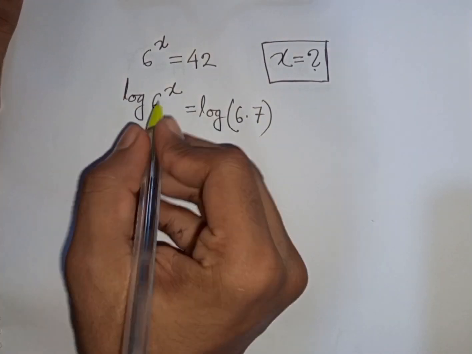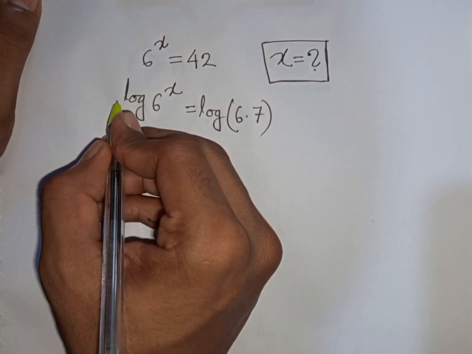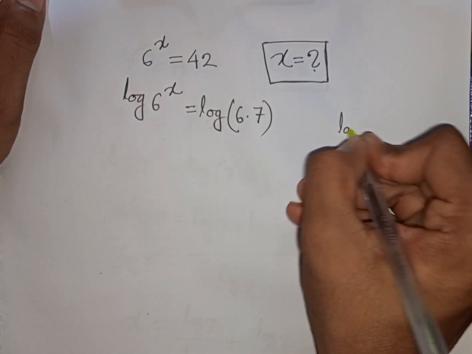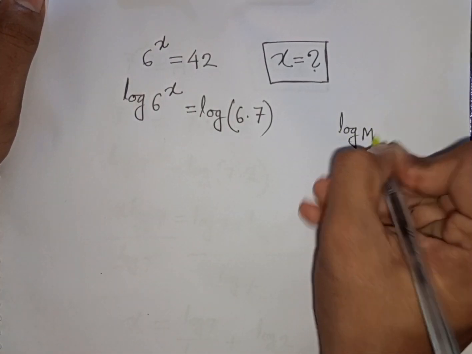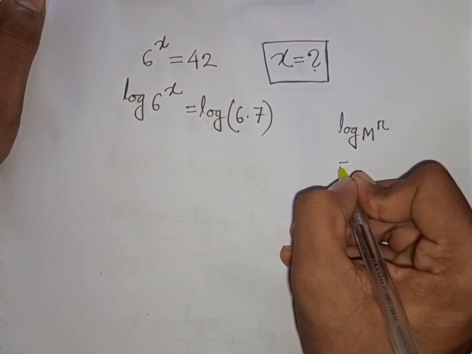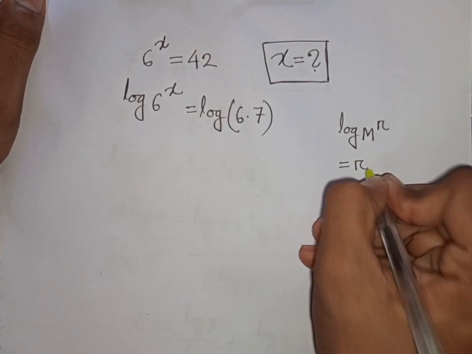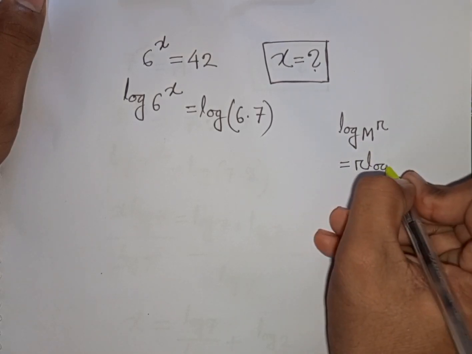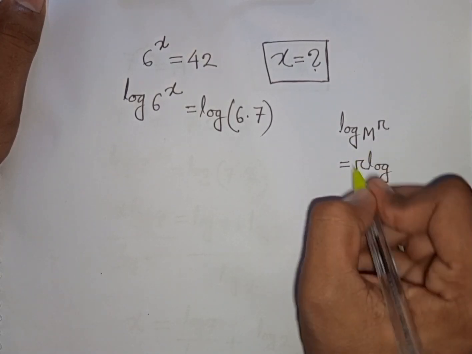Now this power x will move to the front according to this rule: log m power r is equal to r log m.